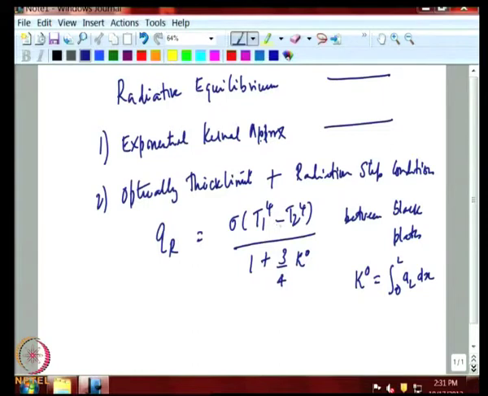So, we are back to the original result we had obtained earlier for heat transfer between two plates without any absorbing gas in between.